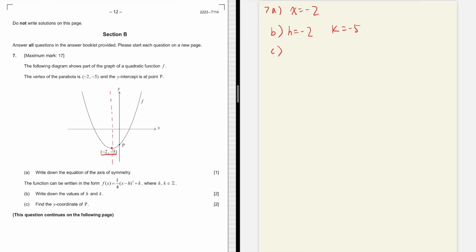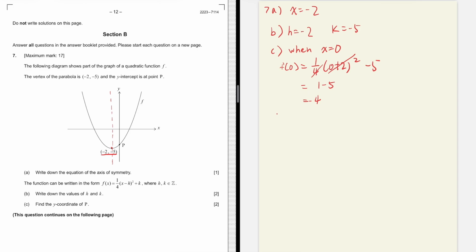Part C. So point P is the y-intercept. So therefore, we could find it by setting x to 0, where f(0) is 1/4 (0 plus 2) squared minus 5, and that is 1 minus 5, -4.